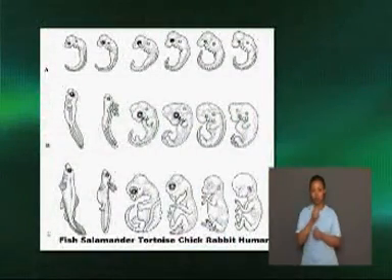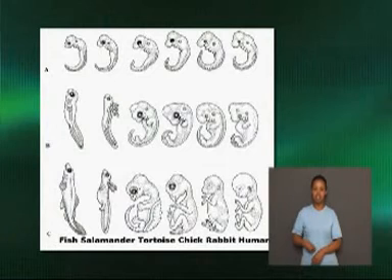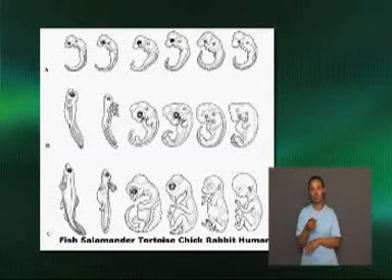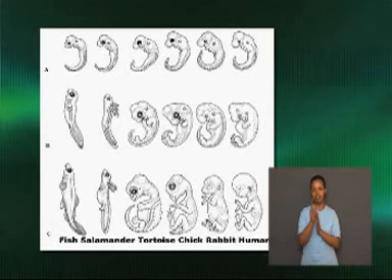As the embryos grow and develop, they become less and less similar. However, if species have a similar pattern of embryonic development, the species are assumed to be closely related.